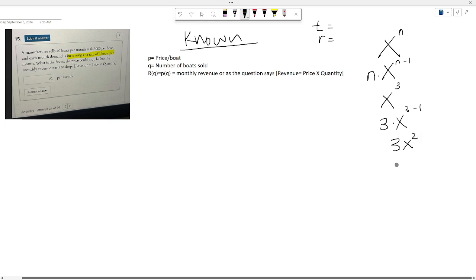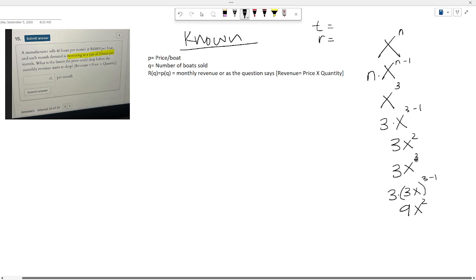For this equation, let's just stick with 3x to the third. What we do in this case is we bring down 3, we times it by 3x, and this is still to the third minus 1. This is going to look like 9x to the second.